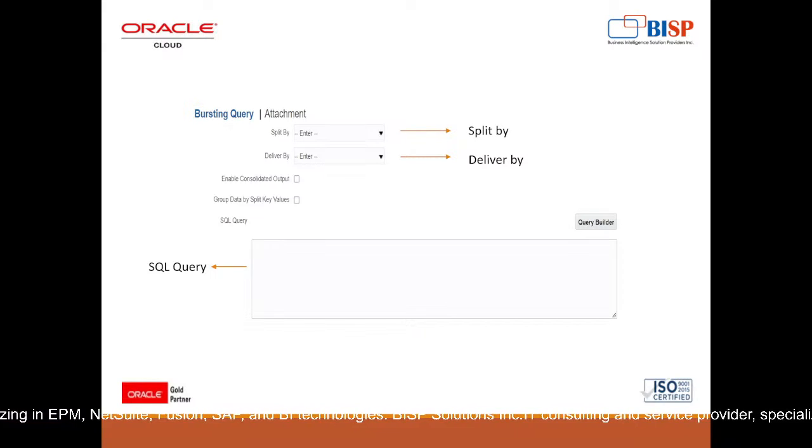And second is template. The template is the name of the layout, for example, invoice.rtf, the layout for the output. So invoice dot rtf, or you can say payable dot rtf, something like that.